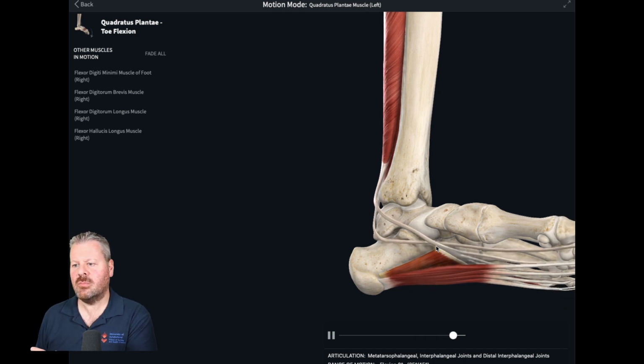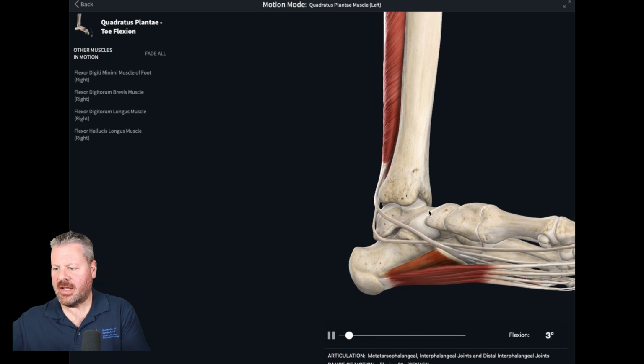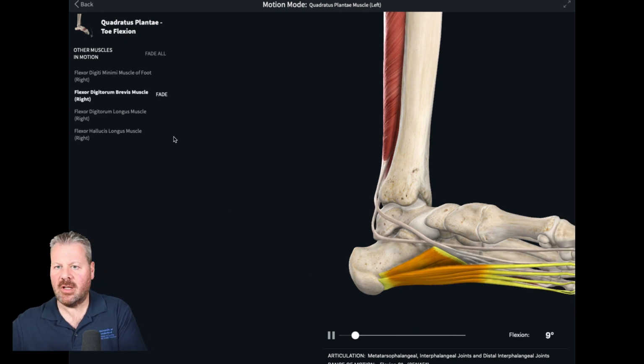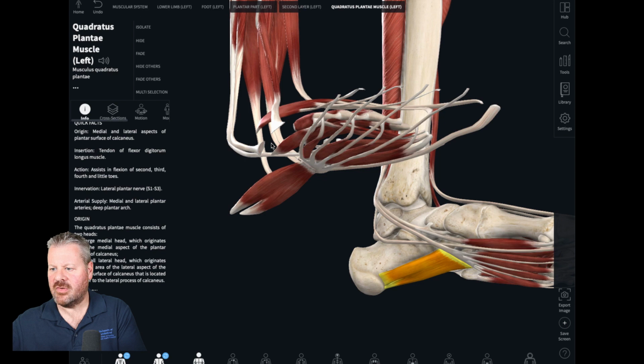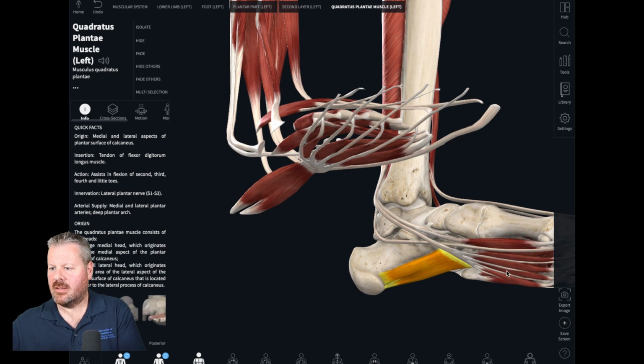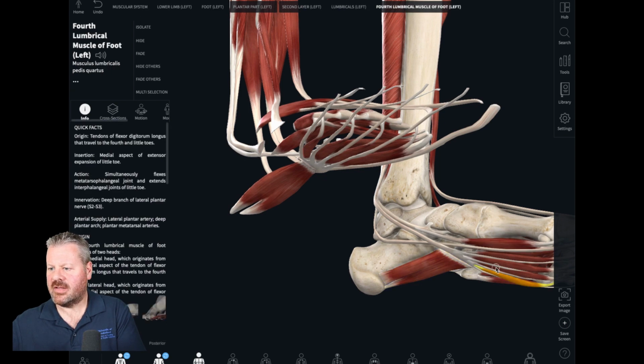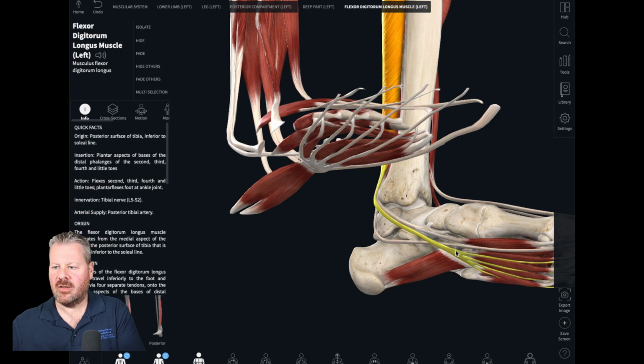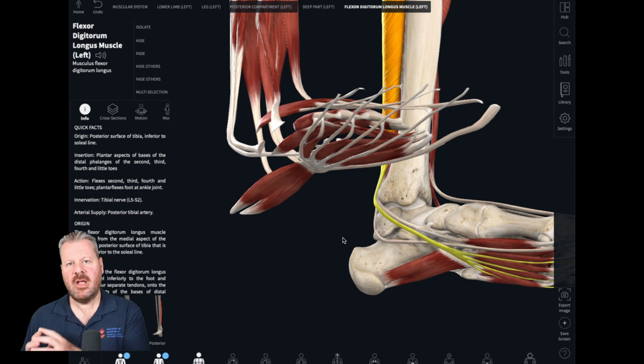So it's a rather unusual muscle. And much like the muscles below it, if I just stop that, move back, much like these muscles here and the tendon of digitorum involved in toe flexion, but also in aiding the foot as this mobile adapter.